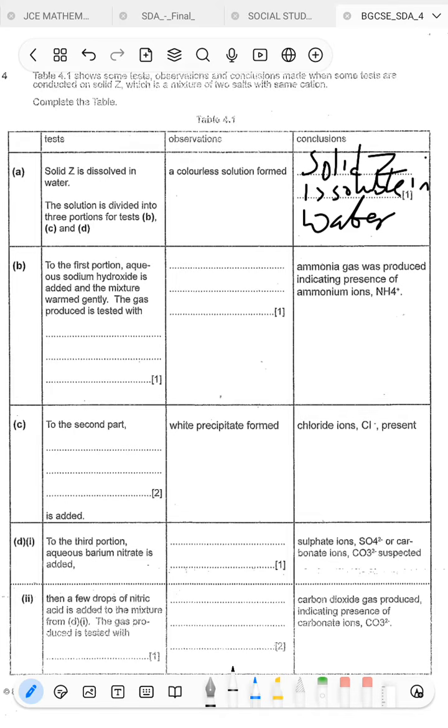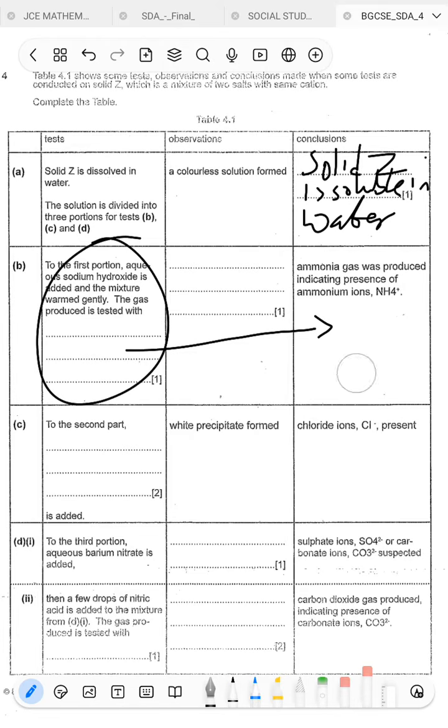B says, to the first portion, aqueous sodium hydroxide is added and the mixture warmed gently. The gas produced is tested with. Now remember, you don't just look at this and start guessing. No, you go to the other side and look at the information there so that you get clues from that.